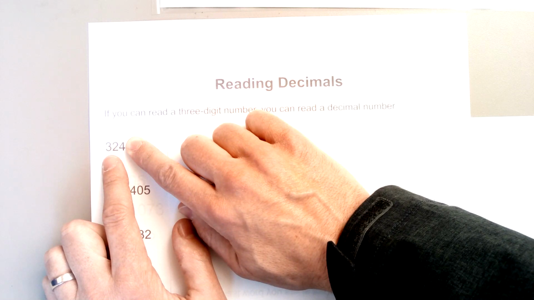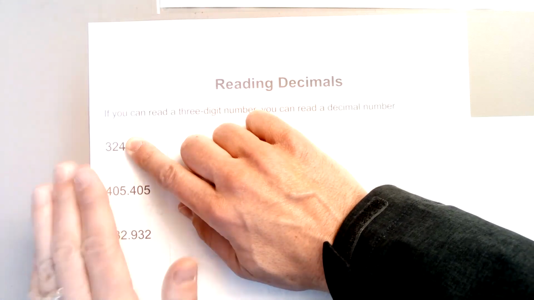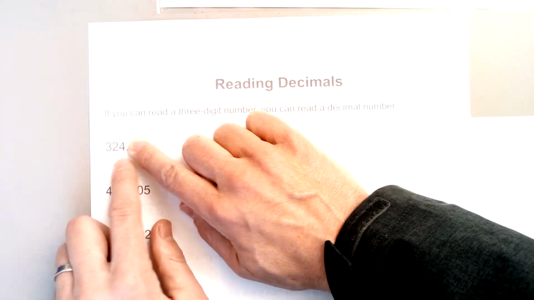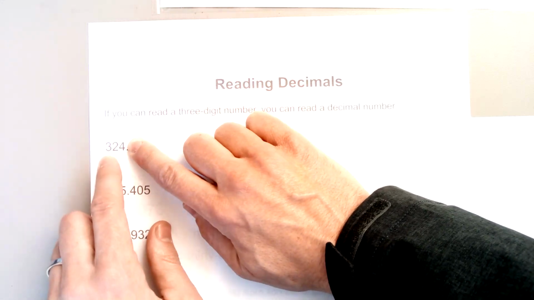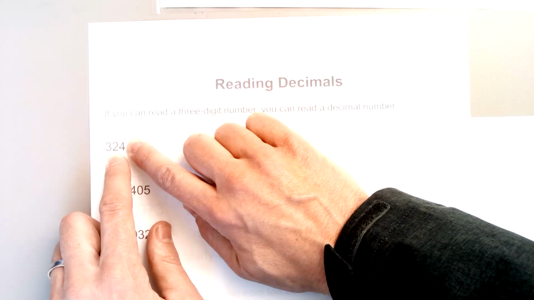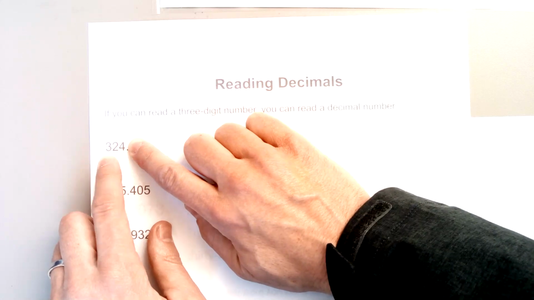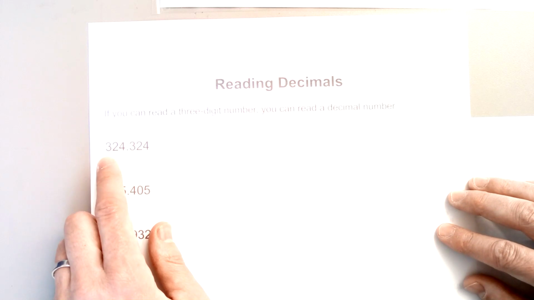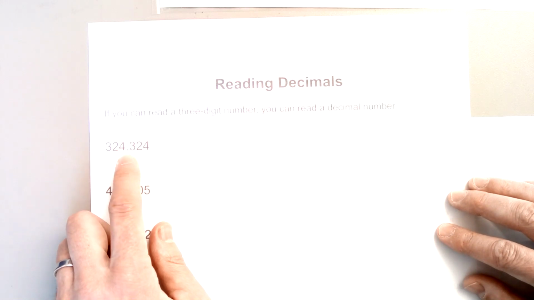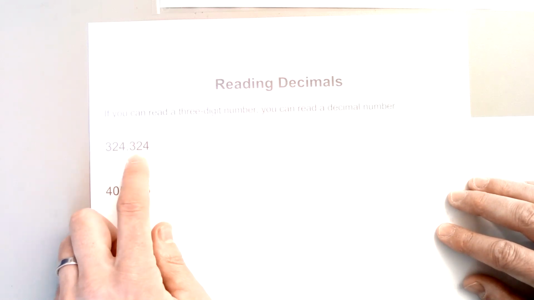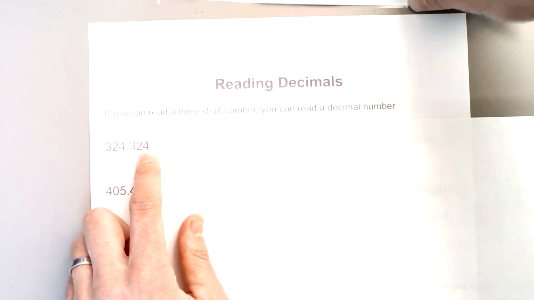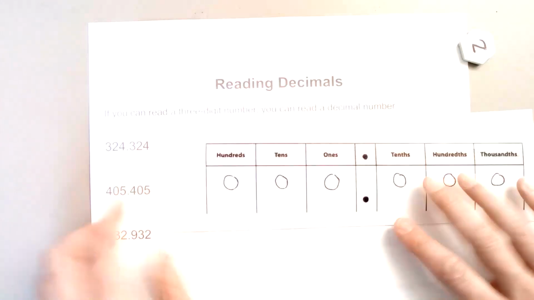Sometimes we get a little lazy and we say 324, but we can't do that anymore. When you're reading decimals, you can only use the word "and" when you're actually reading a decimal point. So we have to say this 324. Well, if you can read a 3-digit number, you can read this entire number. This would be 324 and 324 thousandths, because that last 4 is in the thousandths place.